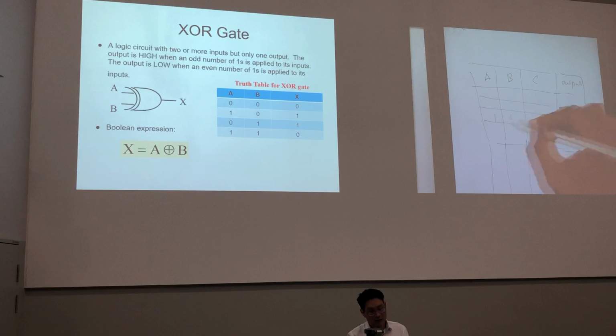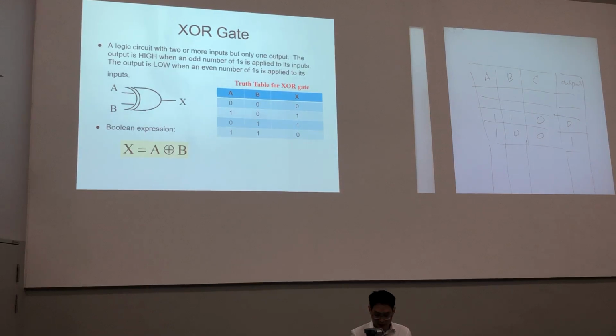Because it's an even number. So if I got 1, 0, 0, the output here should be 1. Same thing. So if I got 1, 1, 1, 1, because 3, 1 itself is still an odd number of 1. So your output should be equal to high. The output is not according to the table.